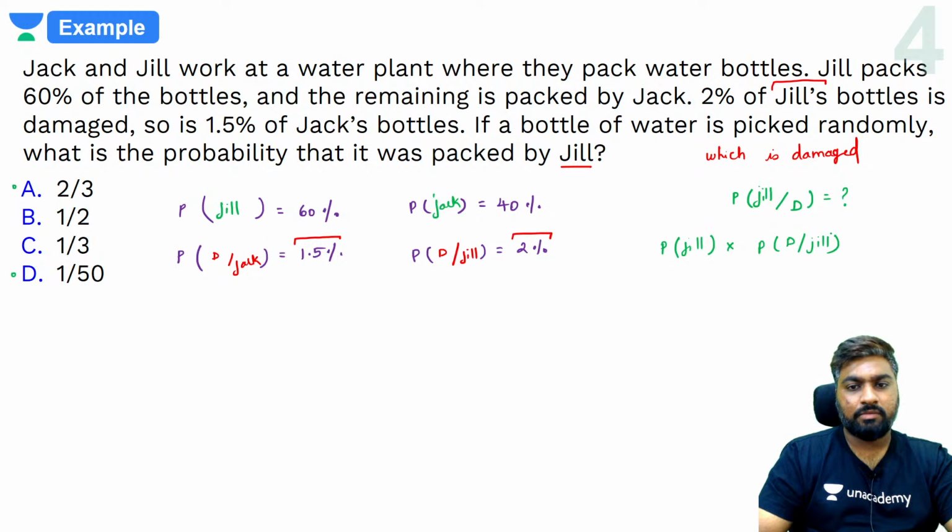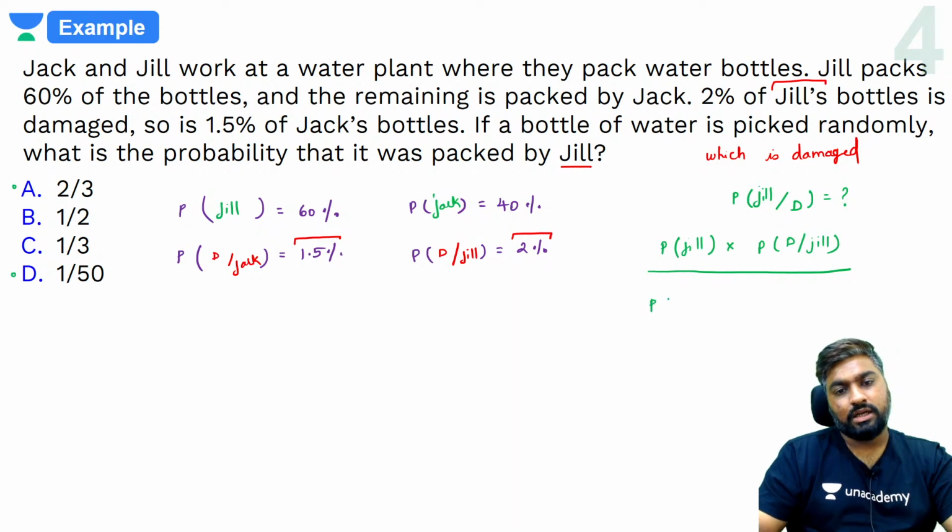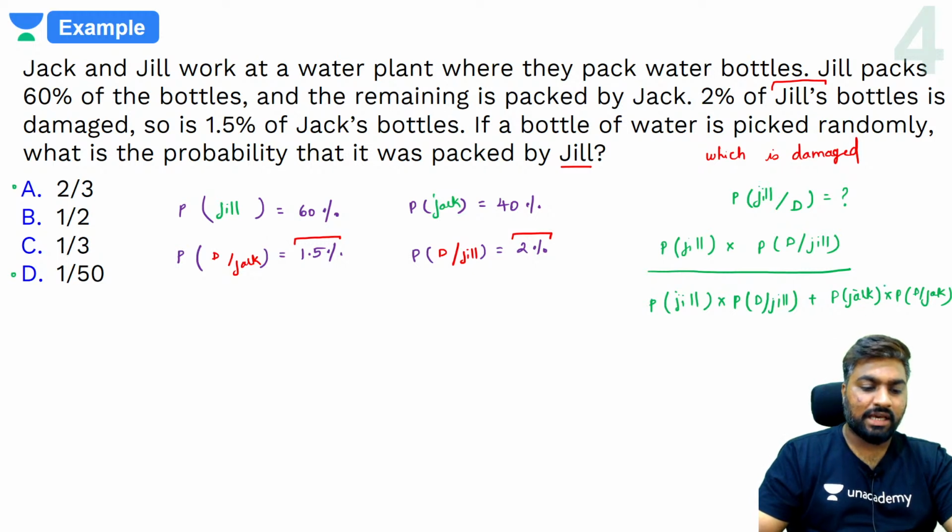What will happen to this? Probability of Jill will cancel, so probability of damage will remain overall on top. Same way, what will be in the denominator? Same thing. Total possibilities of getting a damaged bottle will be: probability of Jill into probability of getting a damaged bottle when Jill has filled it, or probability of Jack into probability of damaged when Jack has filled it. Because what do we just want?